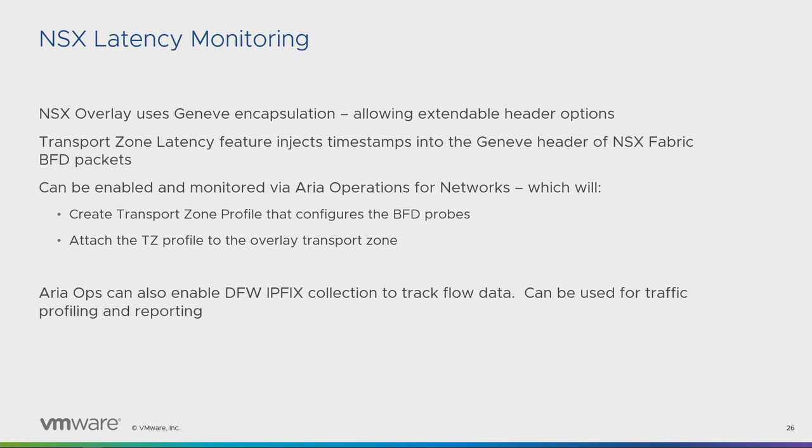So inside the Geneve header, we've embedded metadata that has timestamps for the packets when they leave or enter each transport node. So we're able to tell you how much time has elapsed between observation points in the NSX system. If you enable this capability, we'll export these stats into Verni, and you can view your network performance through that.